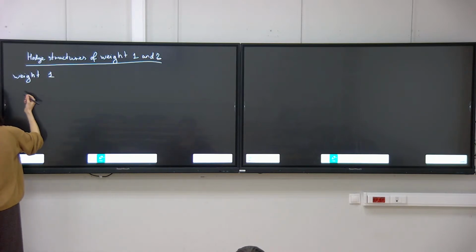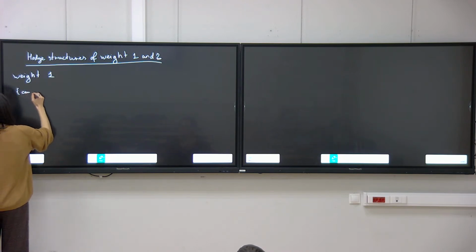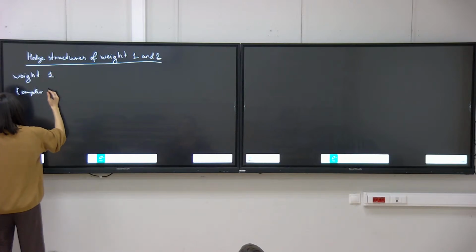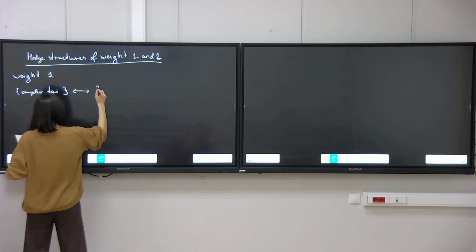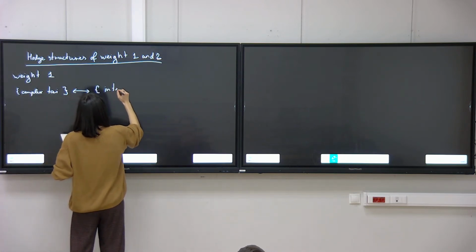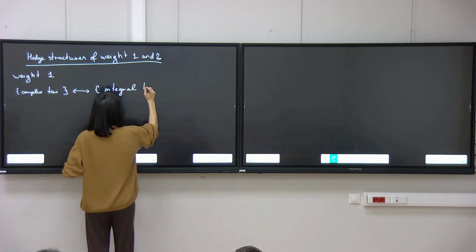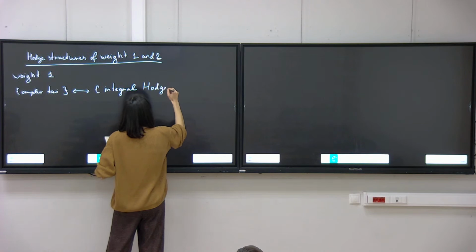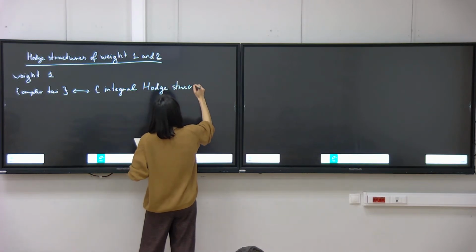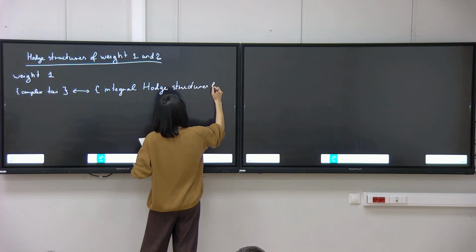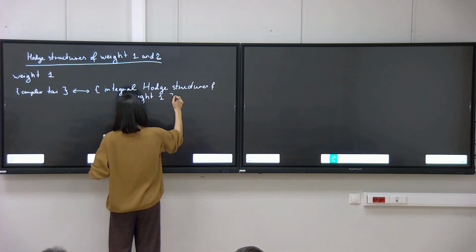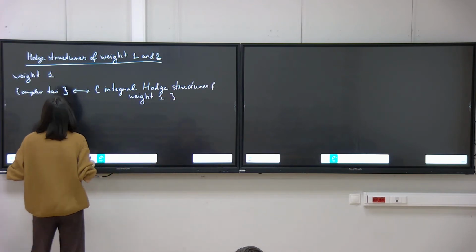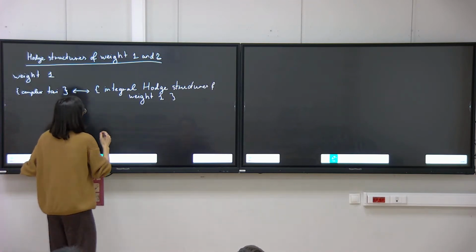For weight 1, we have a bijection between complex tori and integral Hodge structures of weight 1. So how does this bijection work?